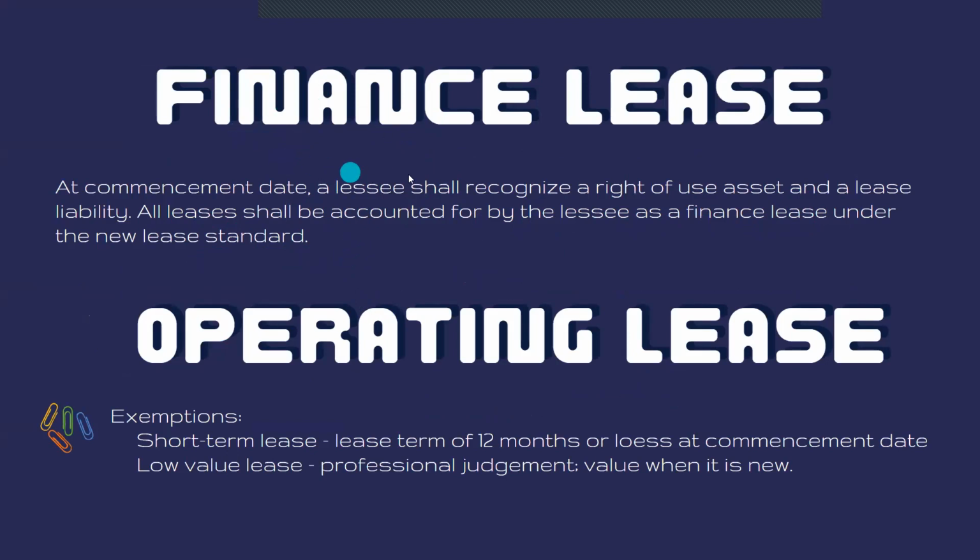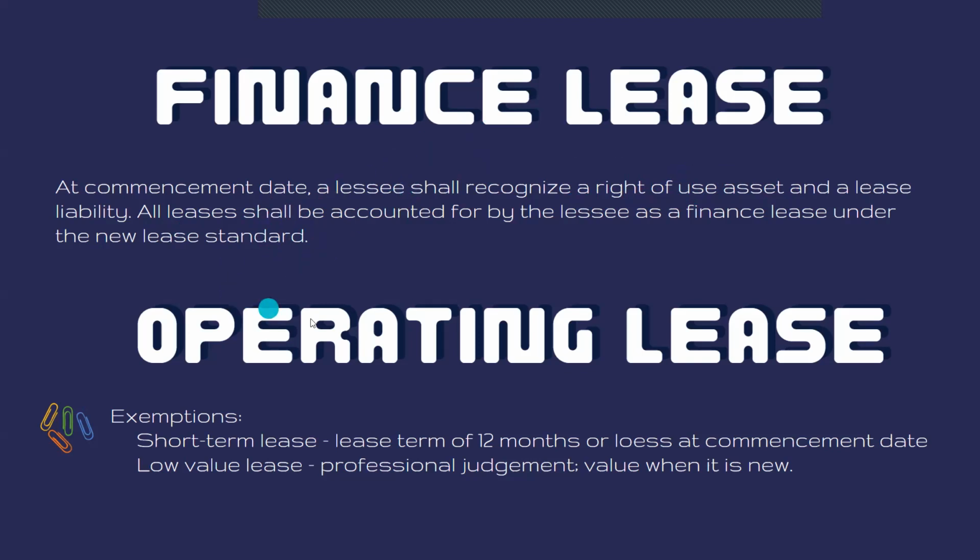So ano bang sinasabi under finance lease? So under finance lease, we should recognize a right of use asset and a lease liability. So later on, ituturo natin on how to recognize, how to present, how to disclose this ROU and lease liability. Pero sabi natin, lahat is finance lease.